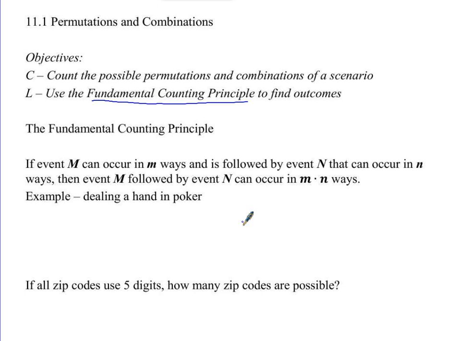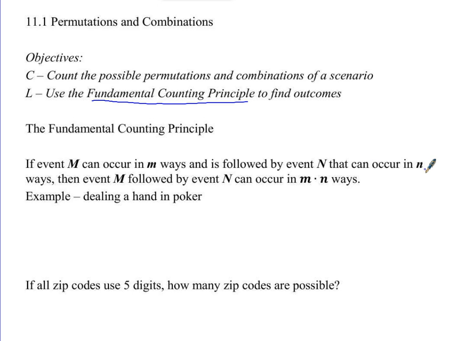Very formally, if event M, capital M, can occur little m ways, so think of that as a die. If I can roll a die, me rolling the die would be event M. How many ways can I roll a die? 6. So that would be 6 ways, okay? So event M can occur in little m ways, followed by event N that can occur in little n ways.